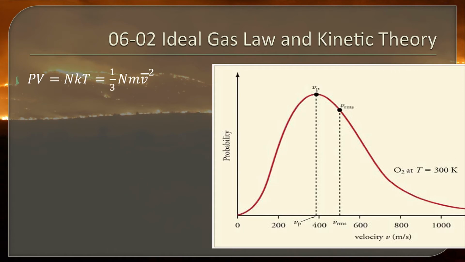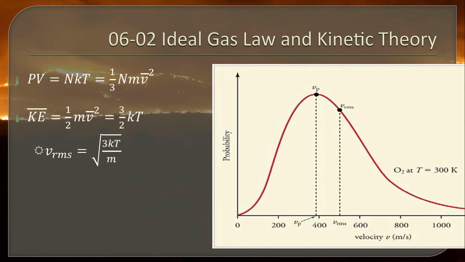So they've worked this out. PV equals NkT, but PV also equals 1/3 times the number of molecules times the mass of one molecule times the average speed squared. You use some calculus to get that. Kinetic energy is 1/2 mv squared. So, if we rearrange the top equation, we can get that kinetic energy is also 3/2 kT.